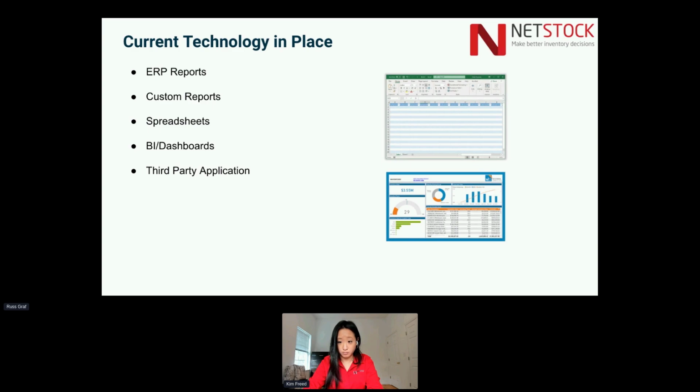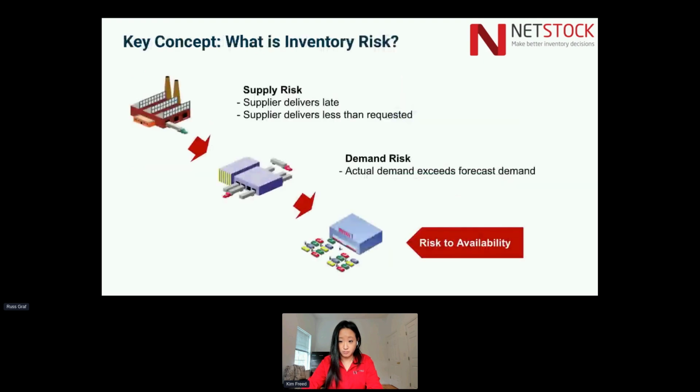And then we see additional third-party applications, products like NETSTOCK, that are single purpose applications built specifically to help you navigate the inventory management. And if it's physical inventory, that might be warehouse management solutions, either the native functionality within Acumatica or third-party applications there. So lots of different pieces and parts and components of technology that could be in place to help navigate all the data, right, and the processes and the flows of information.